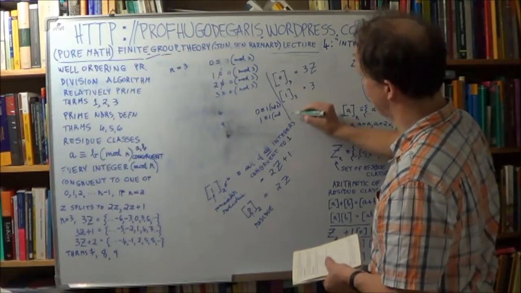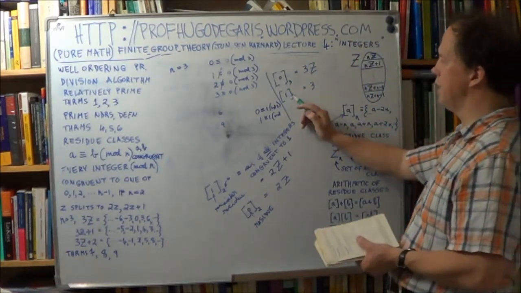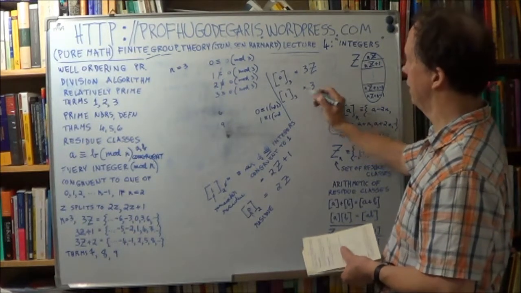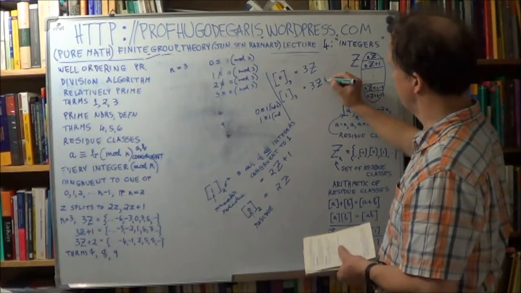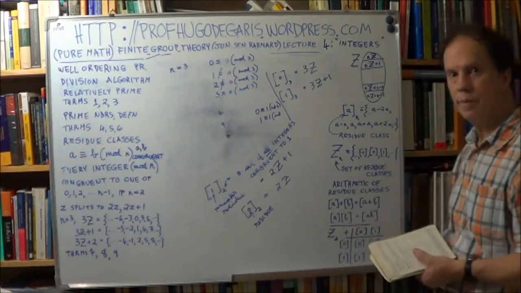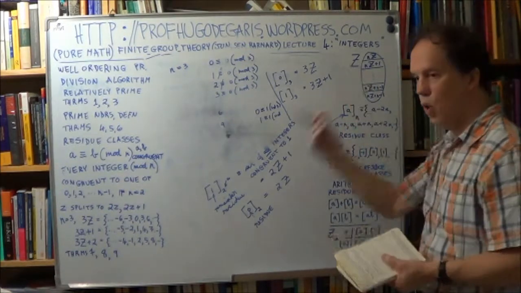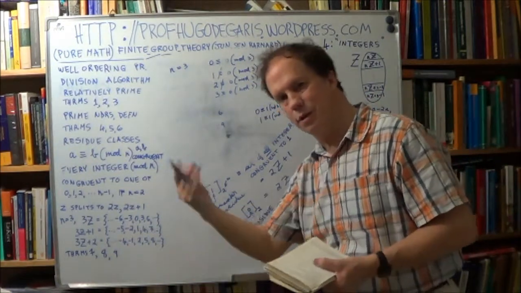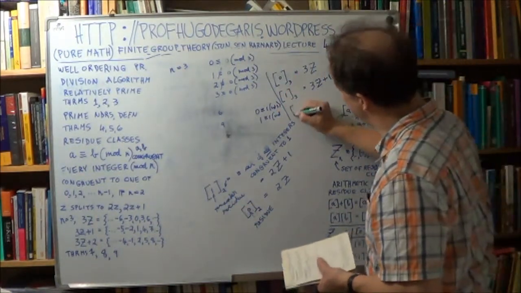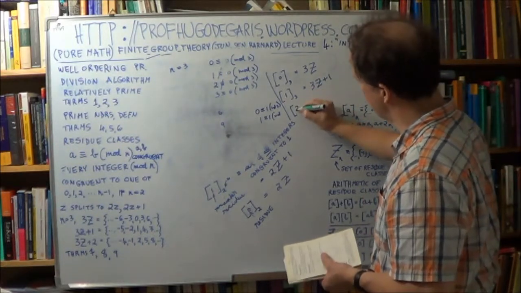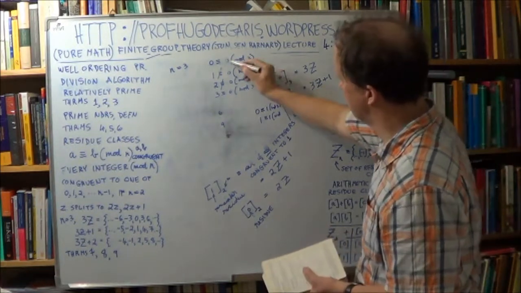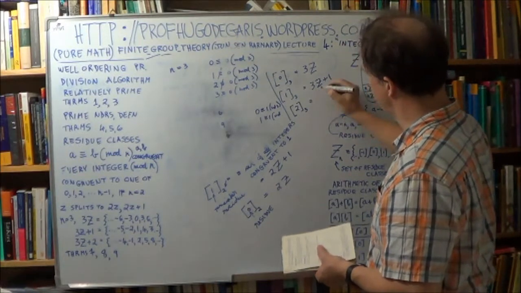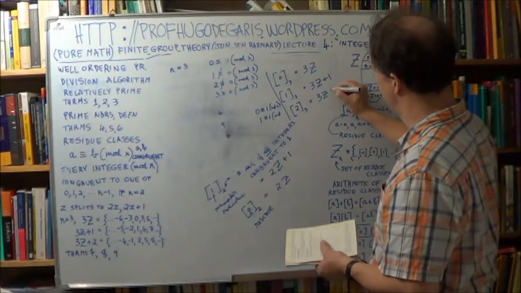The set of all integers that are congruent to 1 mod 3 will be 3z plus 1. In other words, 1, 4, 7, 10, 13, 16 and so on. And now because we've got mod 3, we can have a 2 here. This will be 3z plus 2.